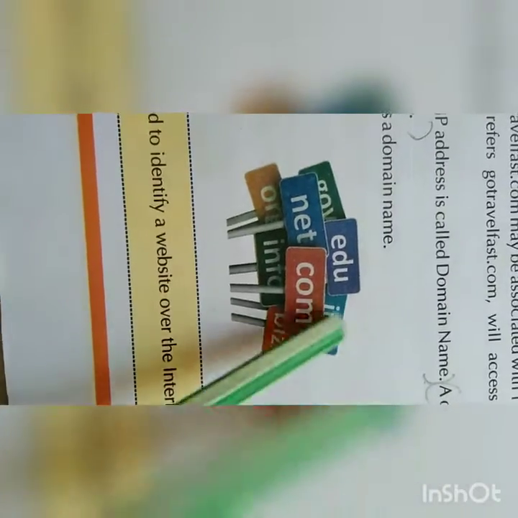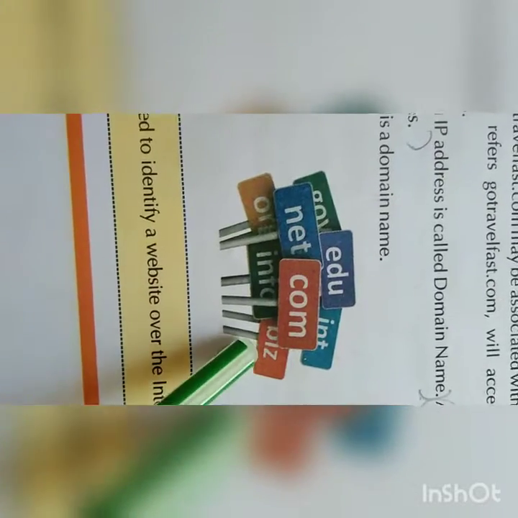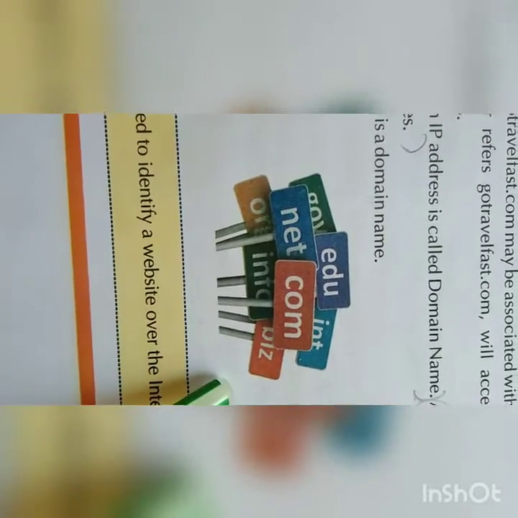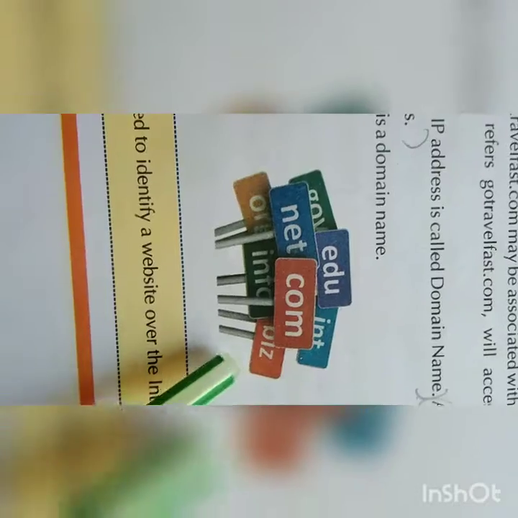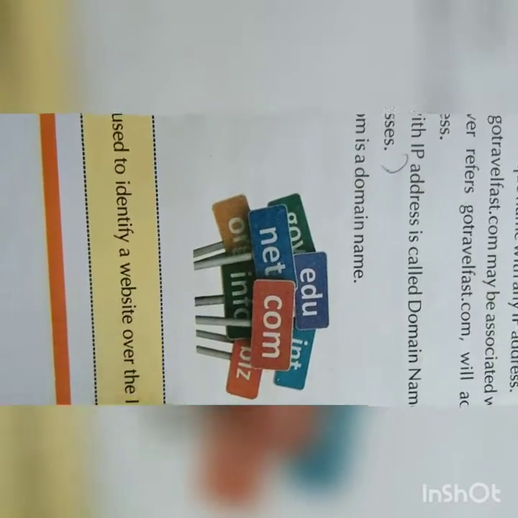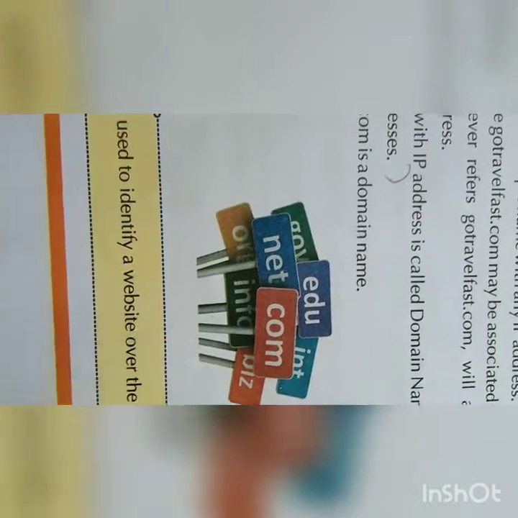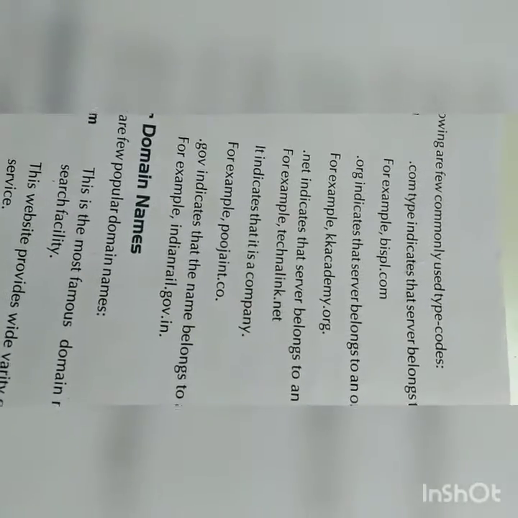A domain name is used to identify a website over the internet. With the help of the internet, you can find out the name. So it is one type of website, a few famous websites.